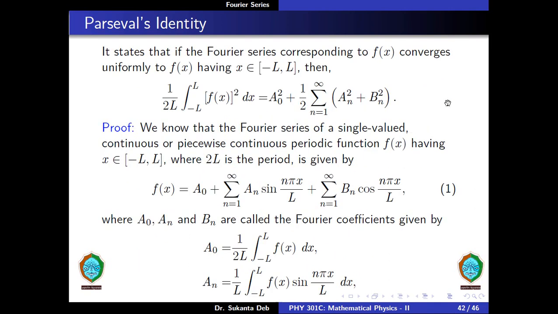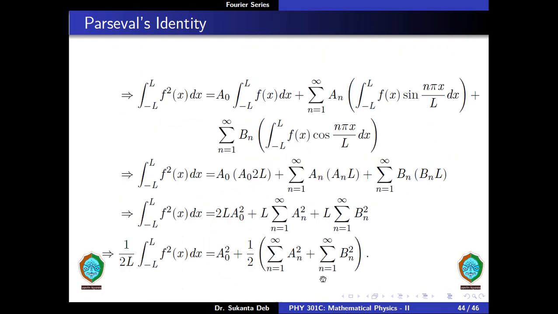Let us go back, and this is equal to a n into L. So you put a n into L for this integral, and the last integral is nothing but b n into L.